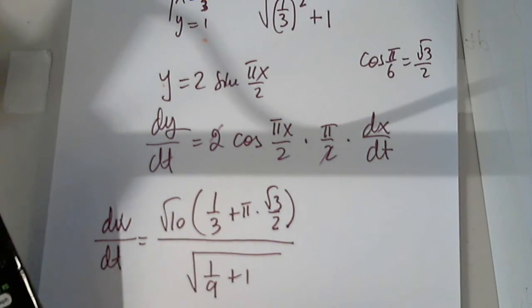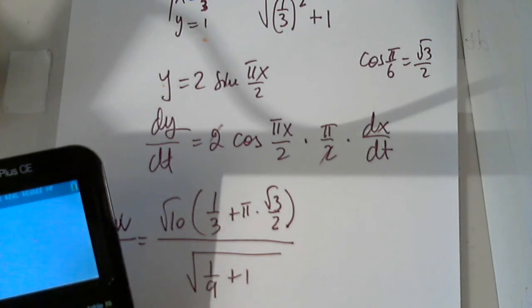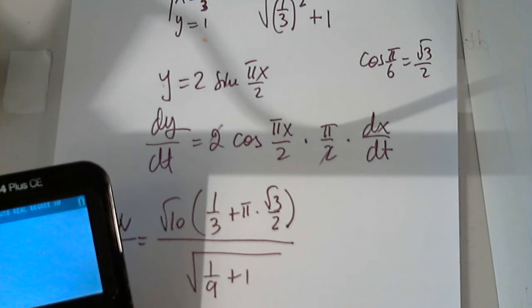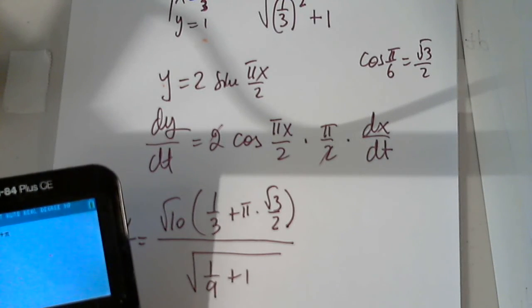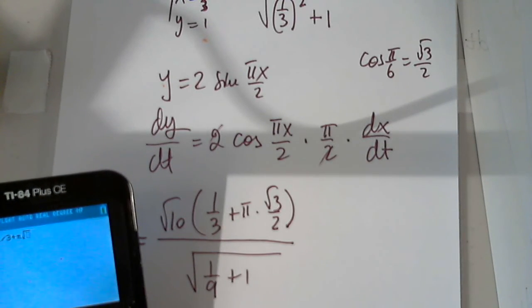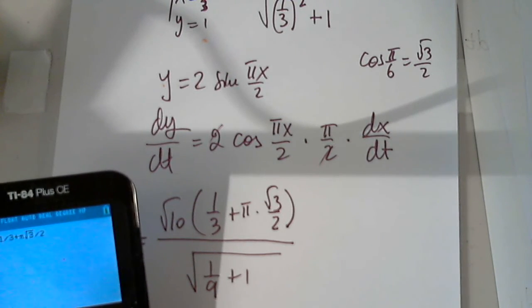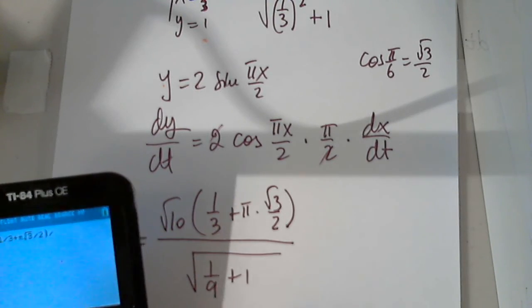Okay. The square root of 10 can be outside. If you're okay with that, it's okay. Left parenthesis, 1 divided by 3 plus pi, the square root of 3. Make sure you're outside of that. You can write divided by 2, close the parenthesis, and divide by the square root.